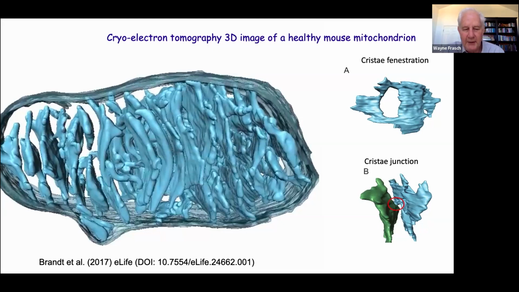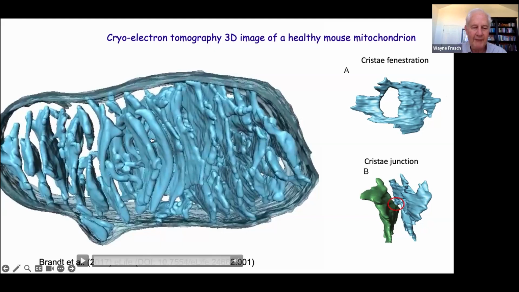So it's very difficult to get these very tight curves that are found in the mitochondria. In fact, if you take and look at a cross section of one of these, they are called cristae. And the cristae, in a very healthy mitochondrion, are fenestrated.